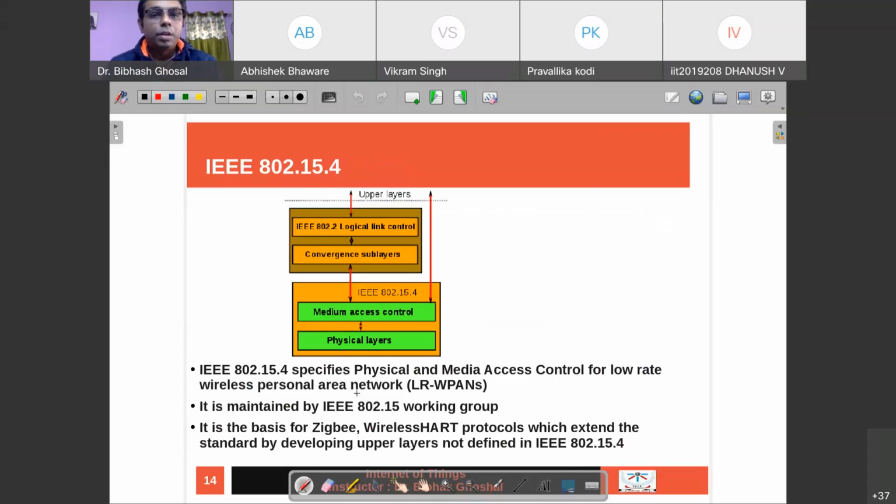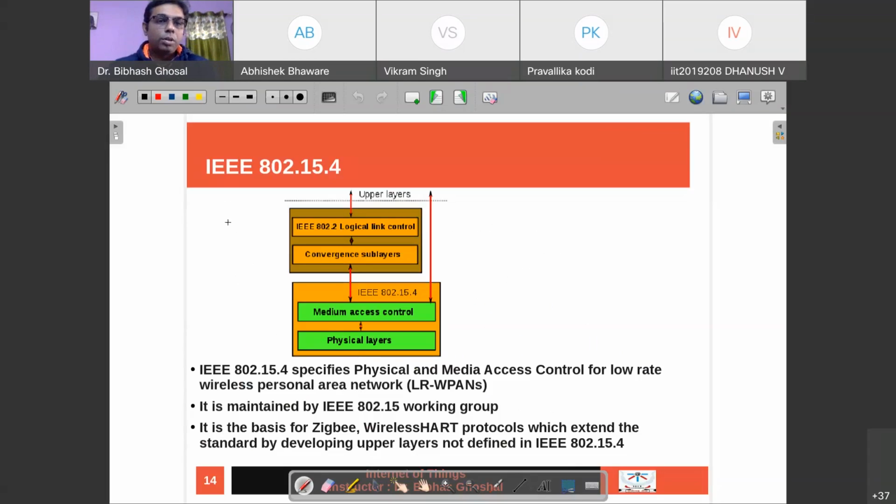Okay. The next protocol that we are talking about in this physical layer is IEEE 802.15.4. Okay. Now this is again a physical and media access control, and this started as a sub layer for your MAC protocol.